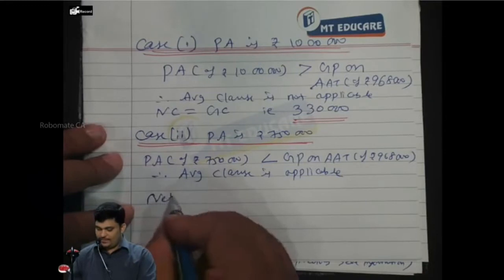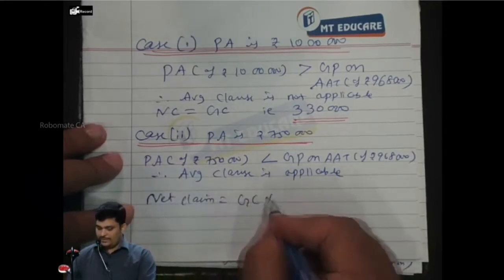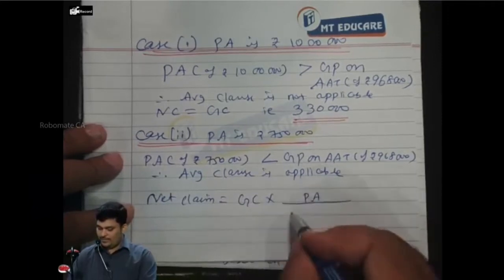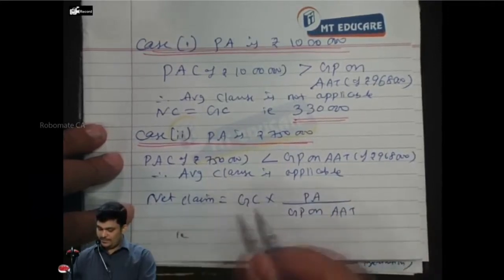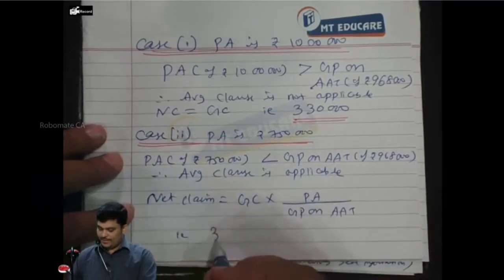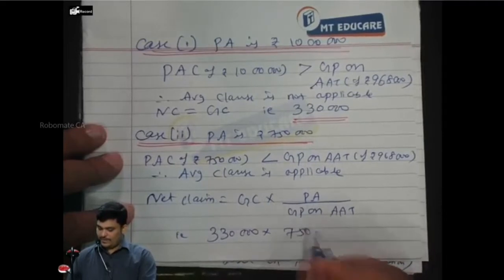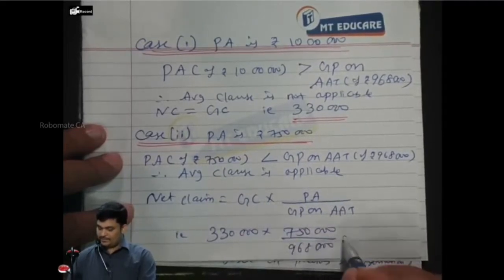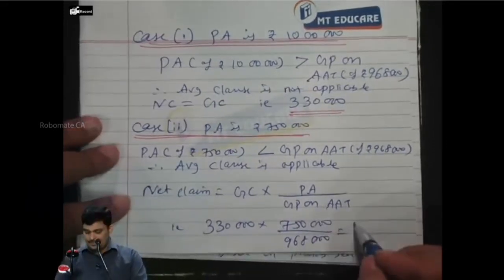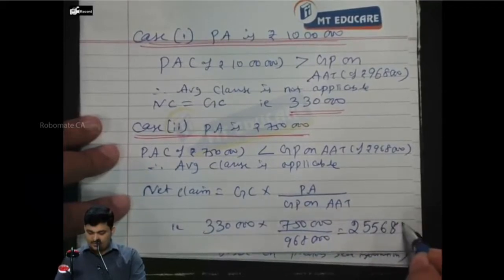So net claim equals gross claim into policy amount by GP on AAT. That is 3,30,000 into 7,50,000 by 9,68,000, which is 2,55,682.